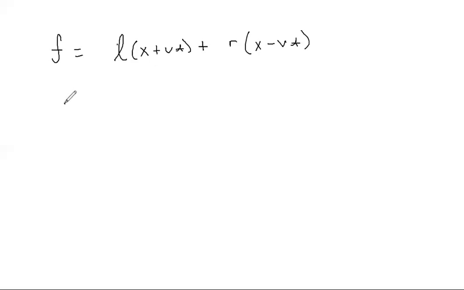Let's plug the right mover into the wave equation. Let's evaluate 1 over v squared dt squared minus dx squared on the right moving wave.